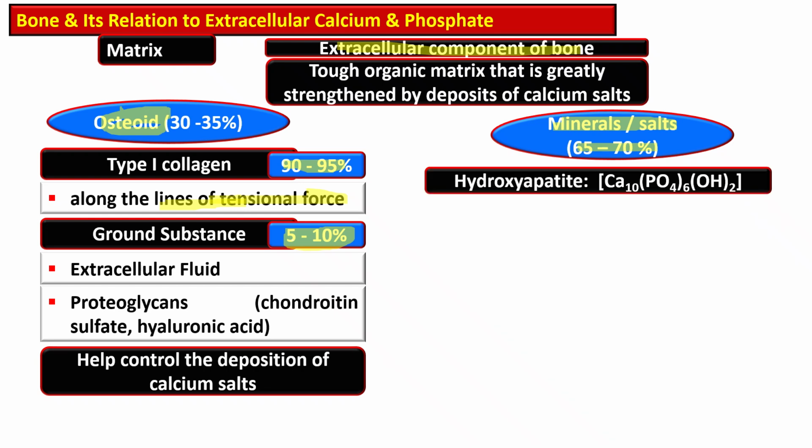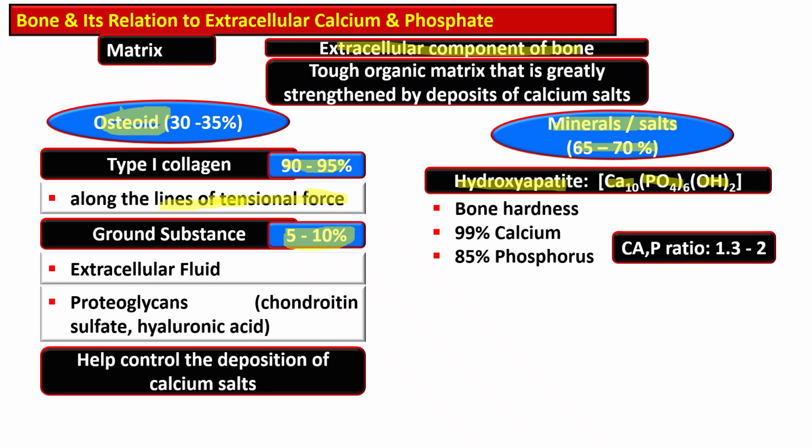The main crystalline salt of the bone is hydroxyapatite. Calcium 10, phosphate 6, and hydroxyl 2 is the formula for this hydroxyapatite. Its shape is a long flat plate about 400 by 100 by 10 to 30 angstrom.